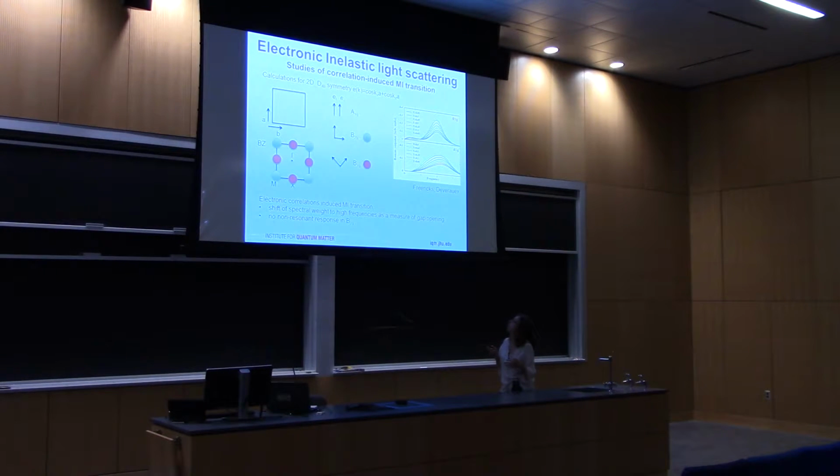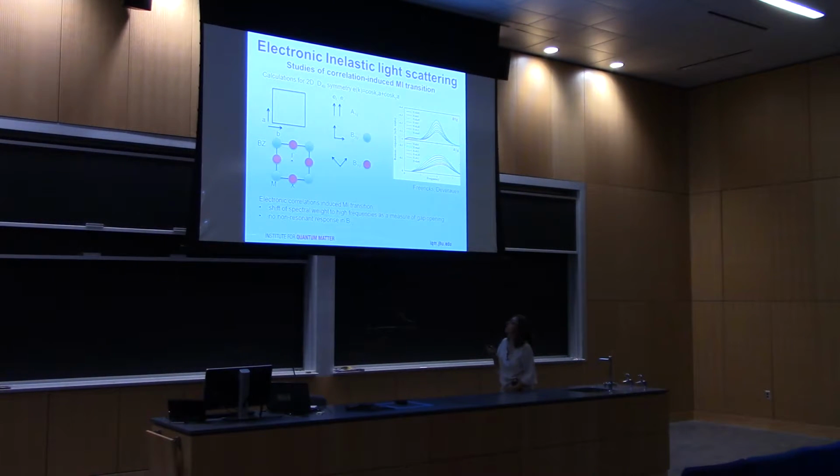The calculations are done for D4H: we have a cubic crystal measured in the plane, so we basically project the symmetries of this cubic system onto D4H. So in the B2G response, we actually expect to see just nothing.